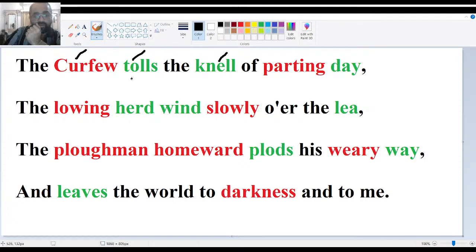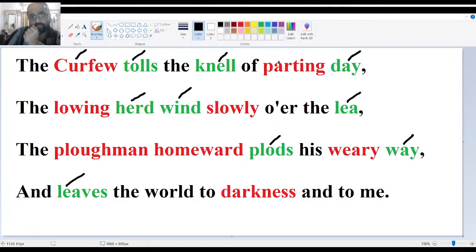These are monosyllabic words, and they will take the stress because they are important parts of speech. Nouns, verbs, adjectives, adverbs. So let's deal with them first. That's done. Now look at the multisyllabic words.